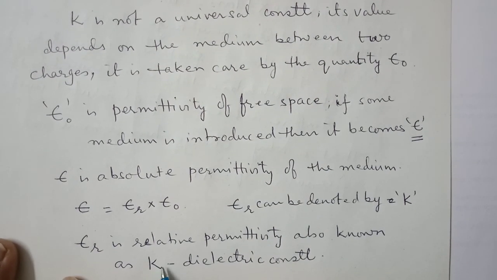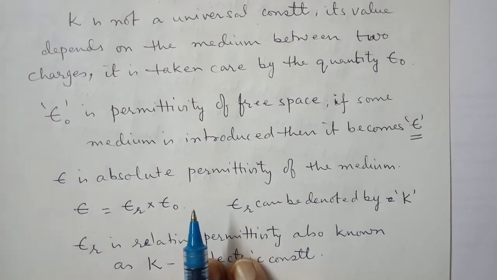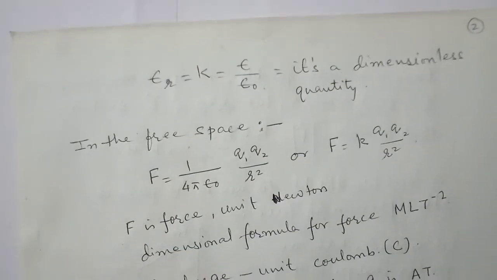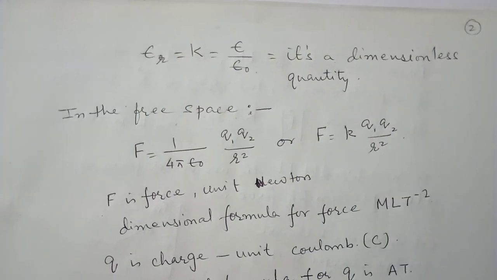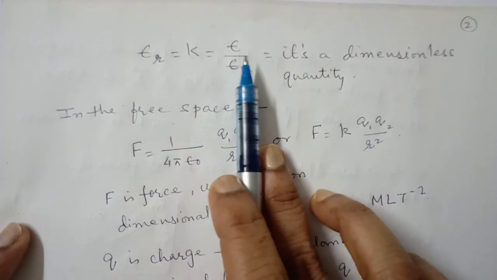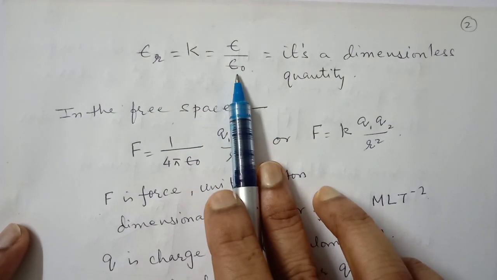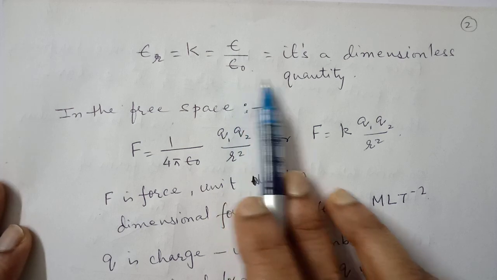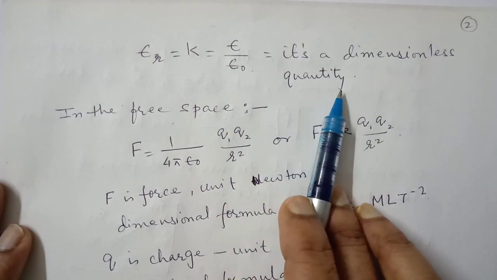Dielectric constant is denoted by the symbol K. Epsilon r, or dielectric constant K, is the ratio of absolute permittivity of the medium to that of free space. It is a dimensionless quantity.